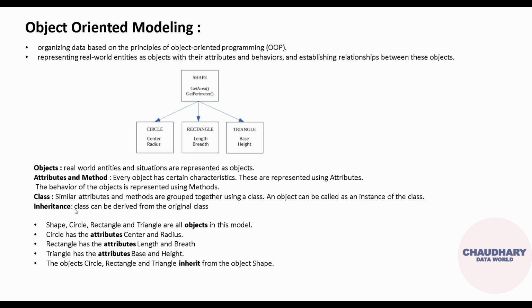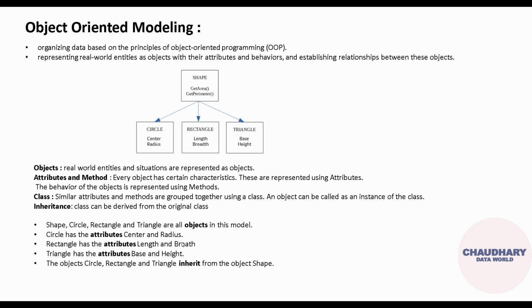After that, we have the inheritance concept. Here, the center, radius and all the attributes were associated with each of the objects, and after that the attributes have been inherited into the same object. That means get area, get perimeter, all these things have been inherited from these three objects. In the explanation of the example, you can see that shape, circle, rectangle and triangle are all objects in this model.